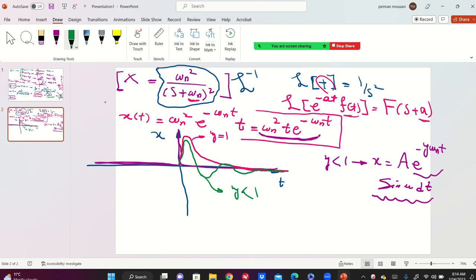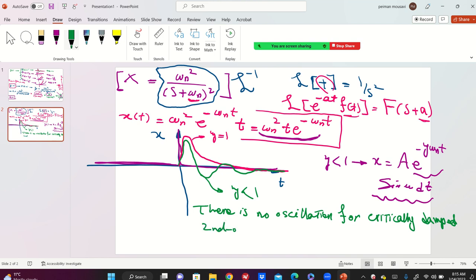So on the other hand, there is no oscillation for a critically damped second order system, and the system acts like a first order system. Everybody understand? Yes? Yes, guys?